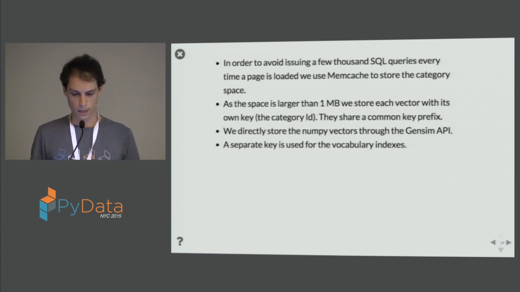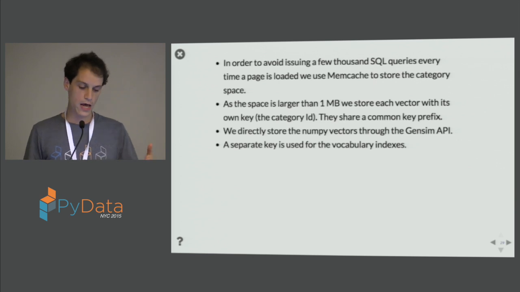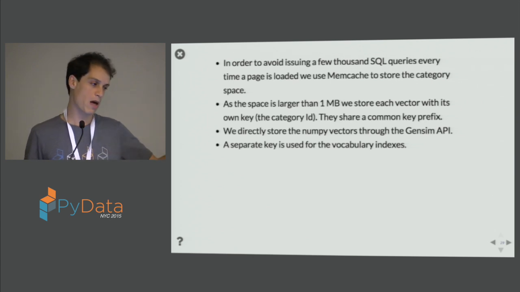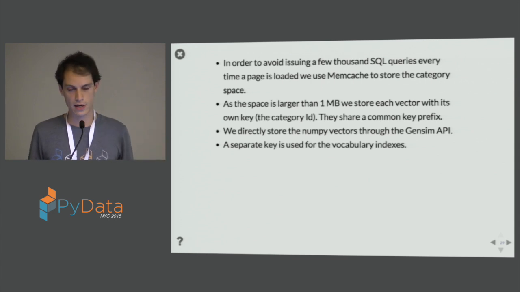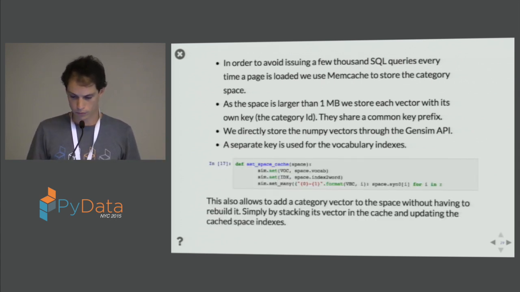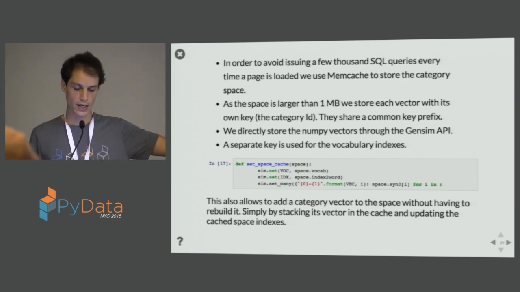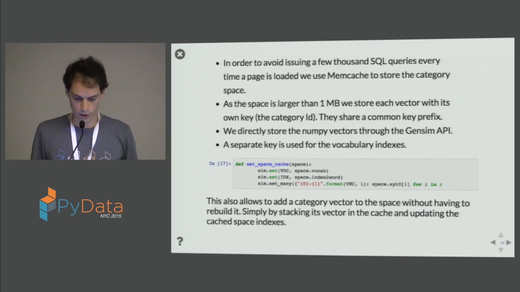So, all right, we're doing that, and then the second thing that we're doing in order to not query the database each time, we're using memcache to cache that category space. And so we have each vector cached with its own key, and then the indexes for the model cached with one key for each index.